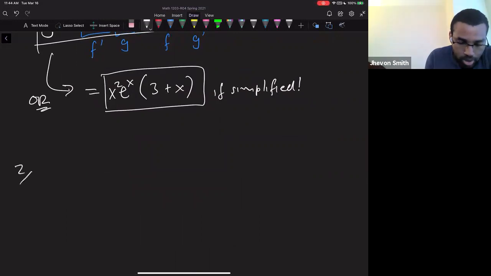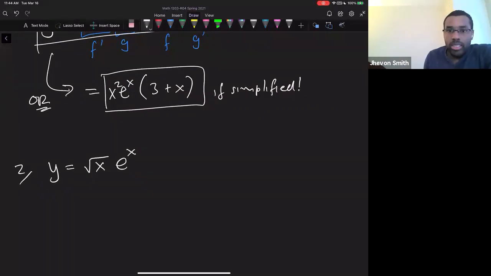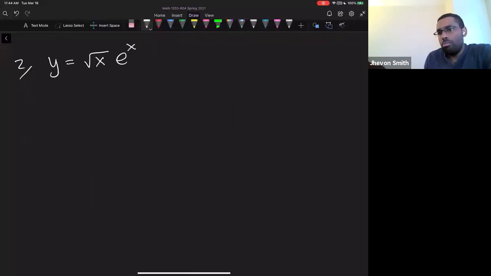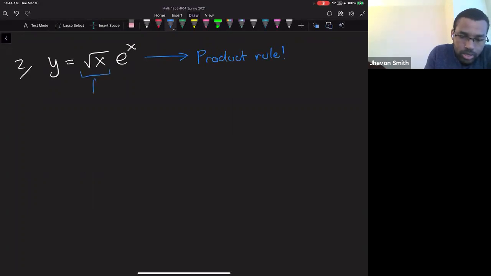Let's go to a second one. Square root of x times e to the x. Again, same idea. I would think product rule here, because I have a product of functions.